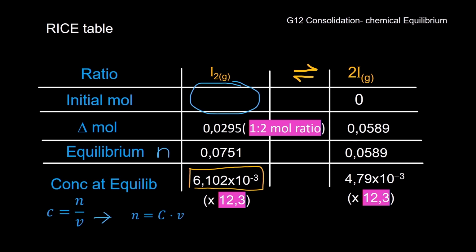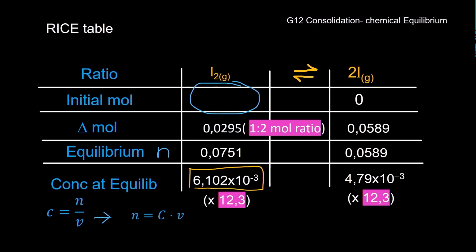Okay, so we're one step further. We have discovered the concentration of the diatomic iodine molecule at equilibrium. From our equation of concentration, we know that C is equal to number of moles over volume. We are told what the volume is. They told us it's in a flask, which is 12.3 decimeters cubed. So if we rearrange our formula, we can work out the number of moles.